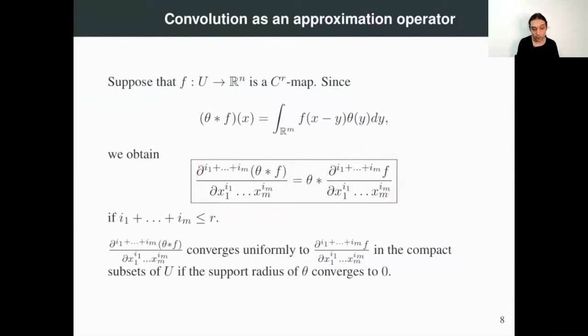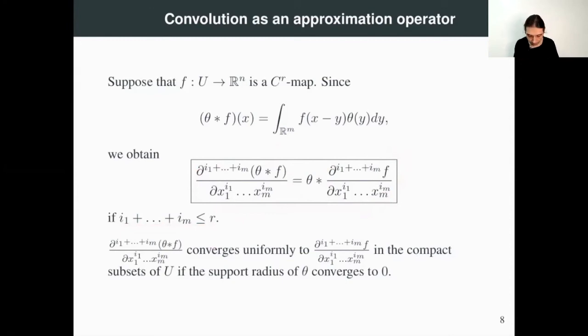As long, of course, as we are considering derivatives of order up to R, because beyond R, this formula is no longer true, and we don't have the same property.